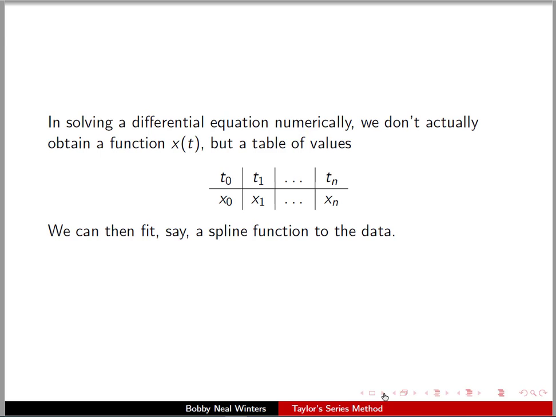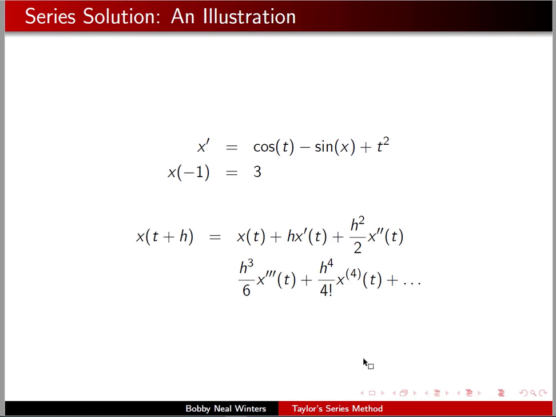these knots. Now, in order to illustrate how we actually find solutions at those particular points, let's start here with an initial value problem and talk about how we will solve it using Taylor's series.